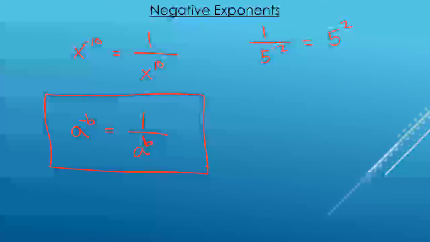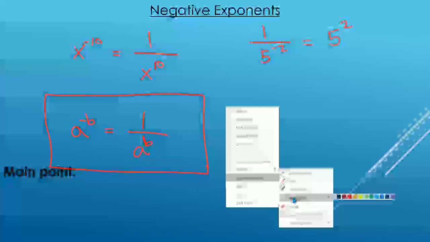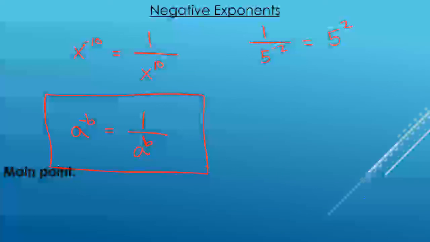So we don't want to leave our answers with negative exponents. Earlier I told you that was okay and they're legitimate, and they are, but we want to clean them up and have positive exponents whenever possible. That means this in yellow would be the preferred answer, 1 over x to the 10, and 5 to the second on the right. These are both our preferred answers because they don't have any negative exponents.